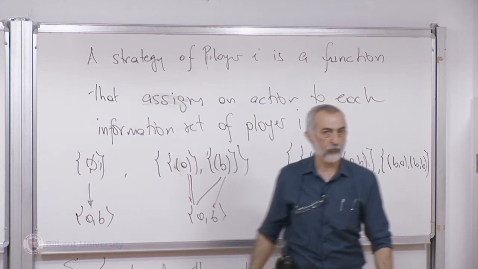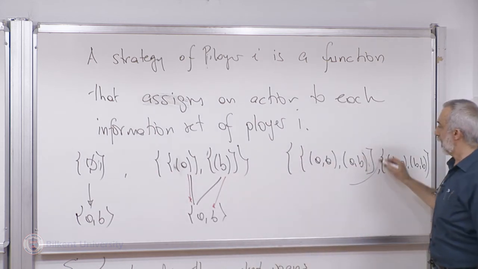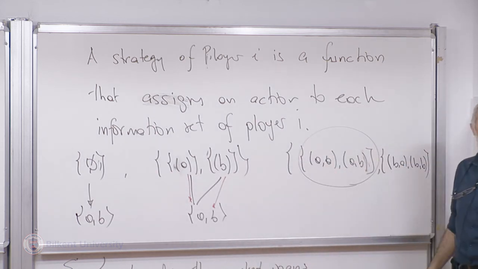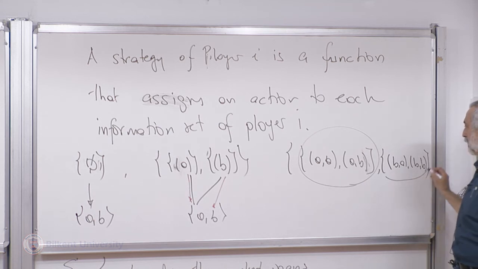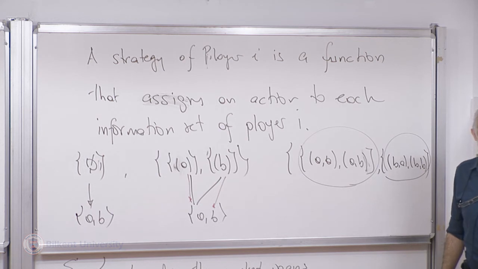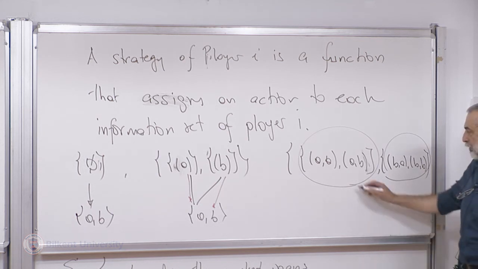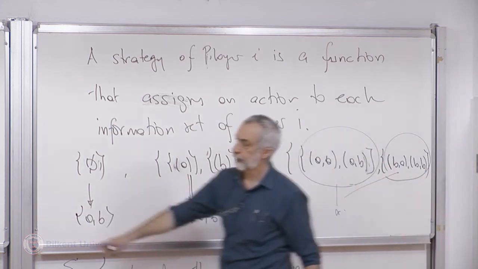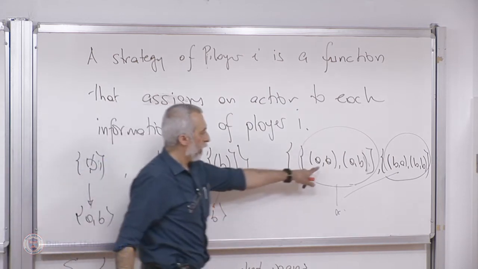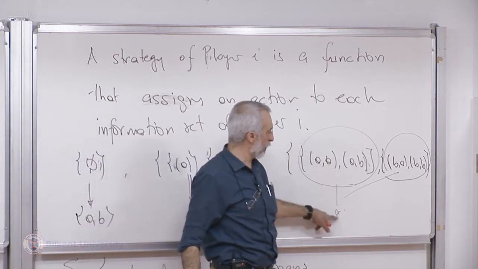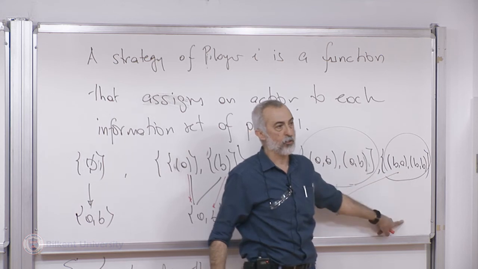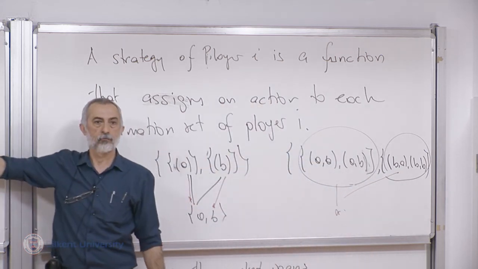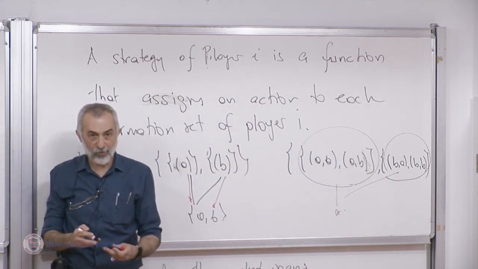So a player 3 strategy assigns an alternative to this information set, and an alternative to this information set. Okay? So far, so good? Assign both of them to A. That's AA. Assign to this information set A and to this information set B. That's this. Okay? So far, so good?